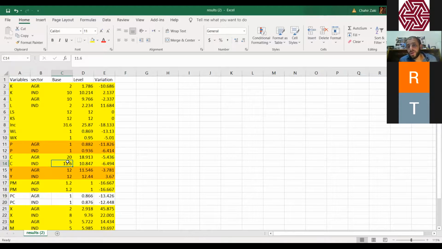And in any case, they will reduce their production because the market itself became more competitive and they will not be able to face this competition.